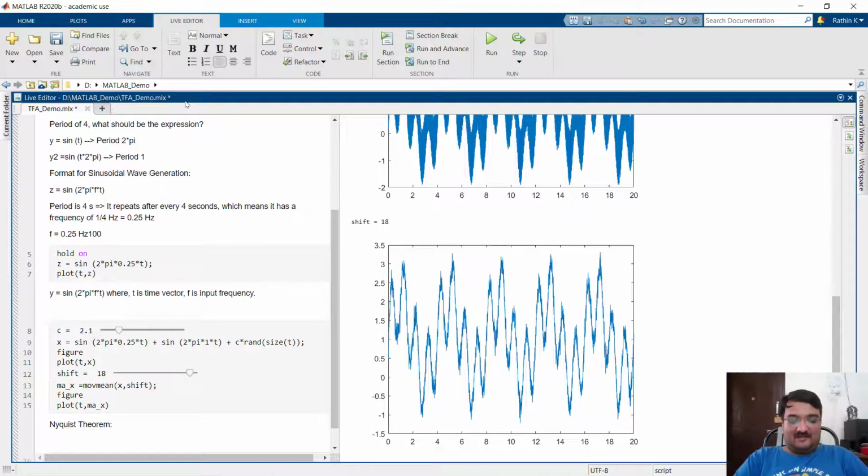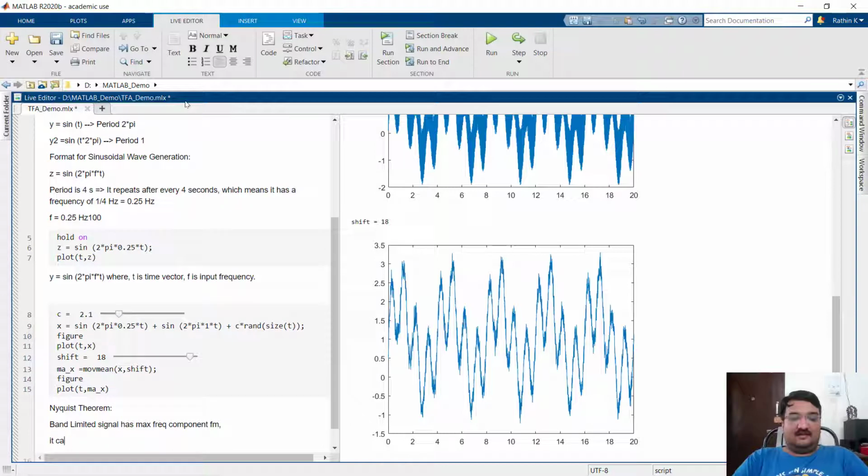Suppose you have a band limited signal. Band limited signal means, and we have not covered the entire Fourier transform yet, that your signal will have a finite frequency component. So let's say your band limited signal has a maximum frequency component, I'll just write it as Fn.